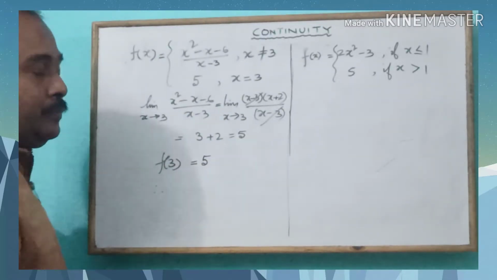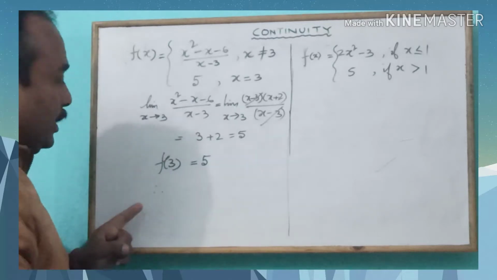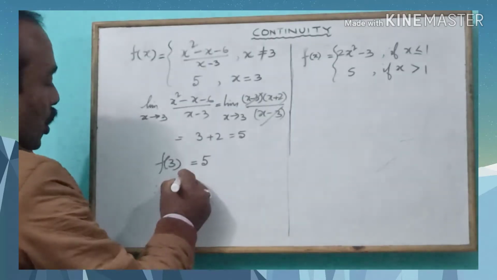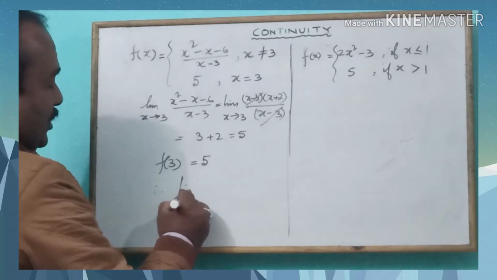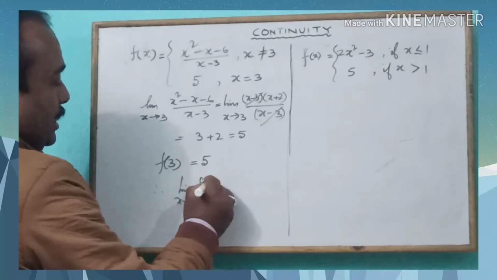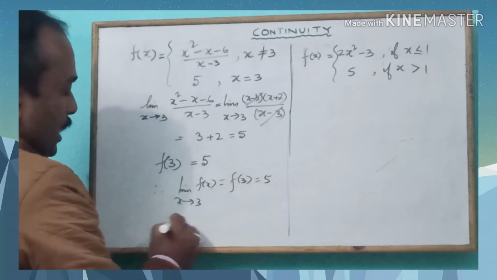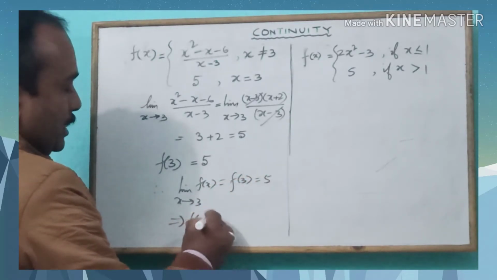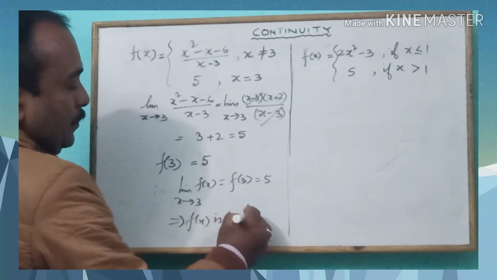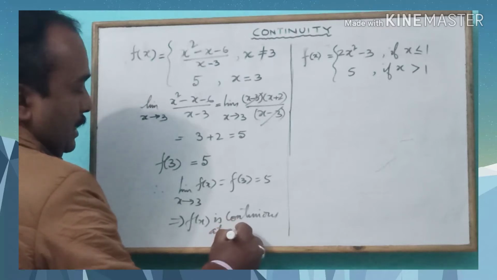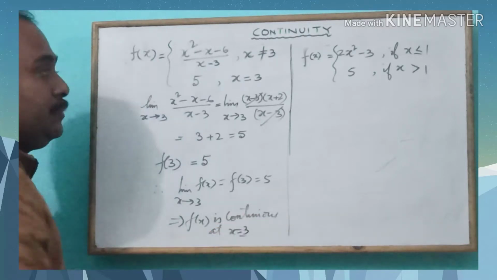Therefore the function is continuous at 3, because limit of x tends to 3 f(x) is same as f(3) and it is equal to 5, which implies f(x) is continuous at x equal to 3.